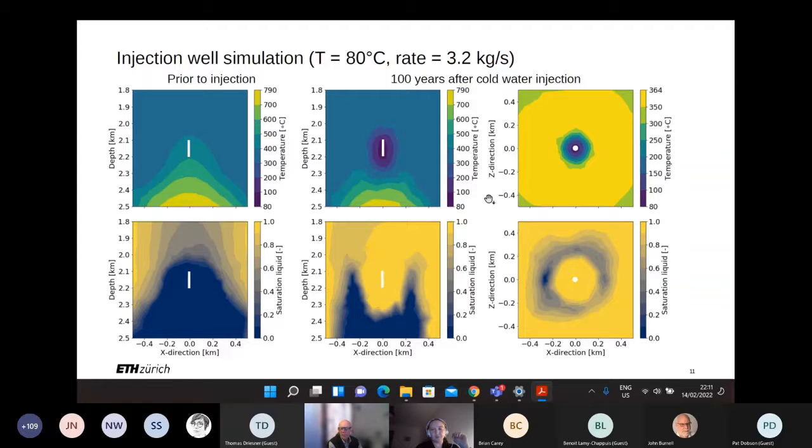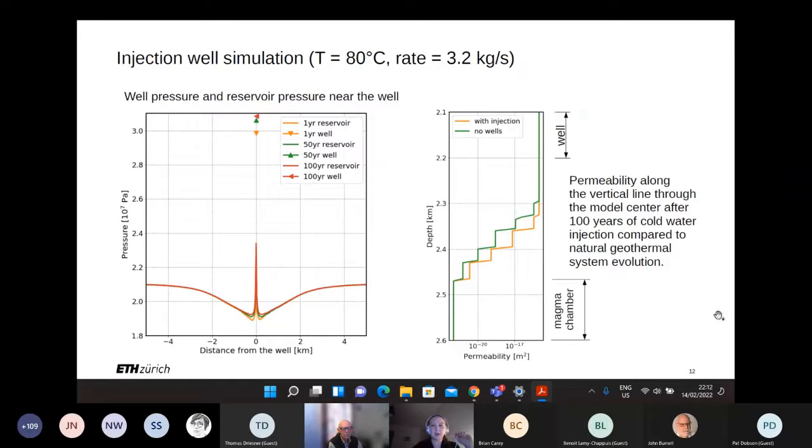And what we observe is that the area around the injection well is progressively cooled down, and there is a sharp boundary developing between the single phase cold injected fluid and the single phase supercritical initial fluid. And in this case, we did not observe any mixing, or very limited mixing, of injected cold and initial supercritical fluid.